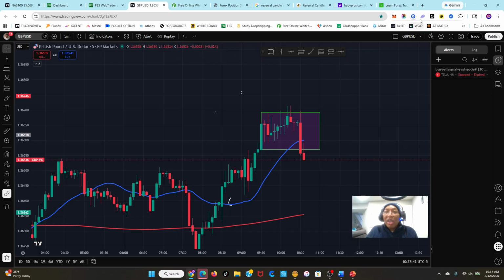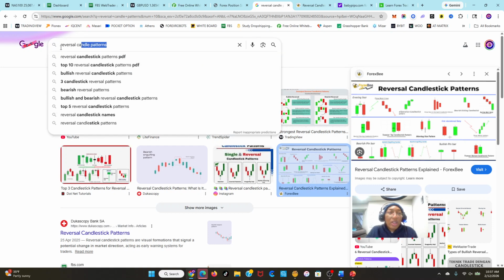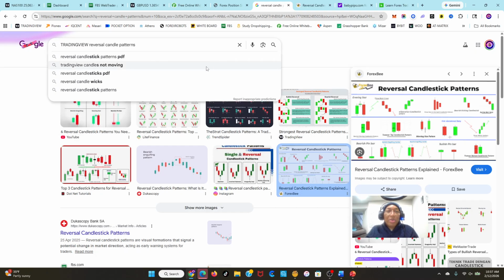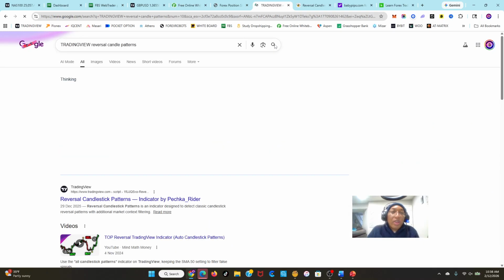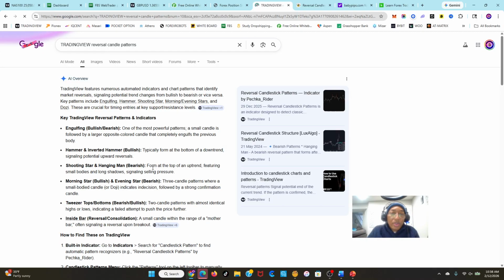Okay, so TradingView does have a very nice chart that we had the other day. I don't see it here. Let's just type TradingView candle reversal patterns. Yeah, they have them here.